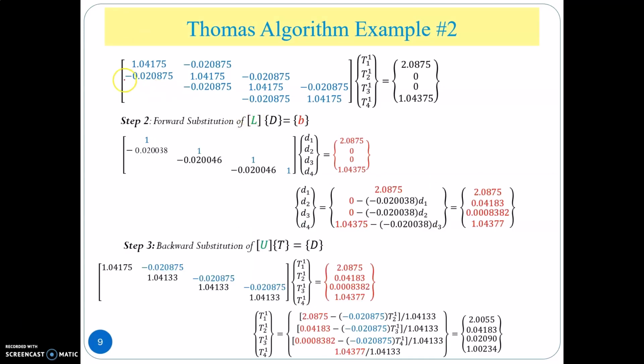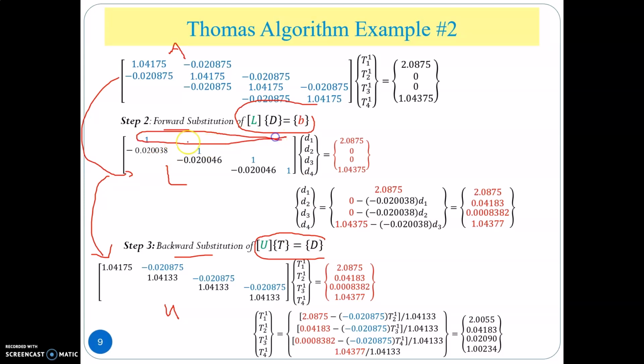Once you find the L and U matrix from your system matrix A, then you can perform the forward and backward substitution by using these two equations. We have discussed these two procedures before. To find your D1, we start with row 1. Then you continue with the second row to obtain D2, and then you can obtain D3 and D4.